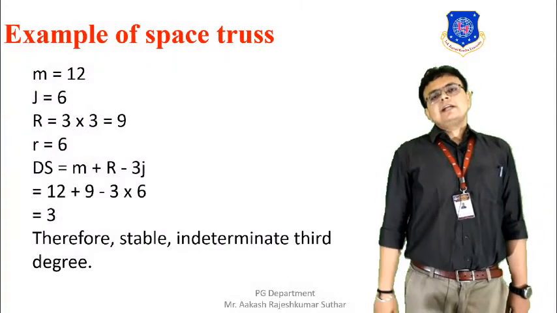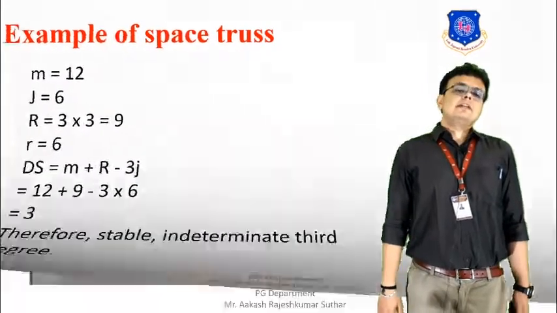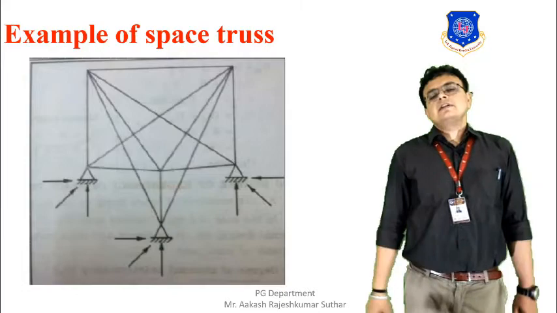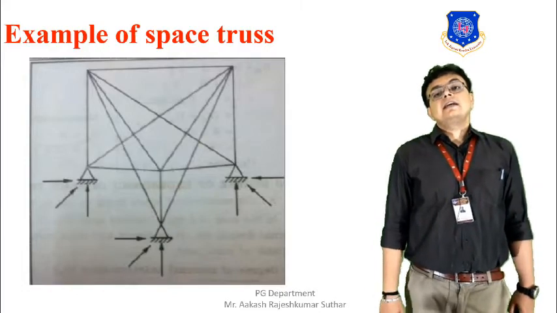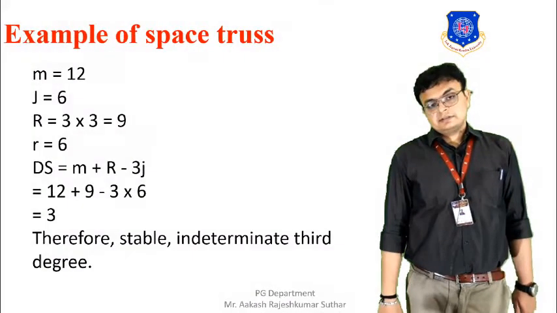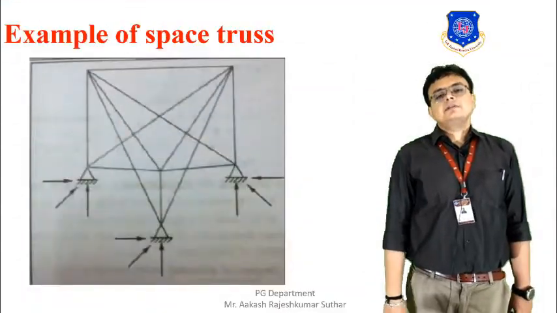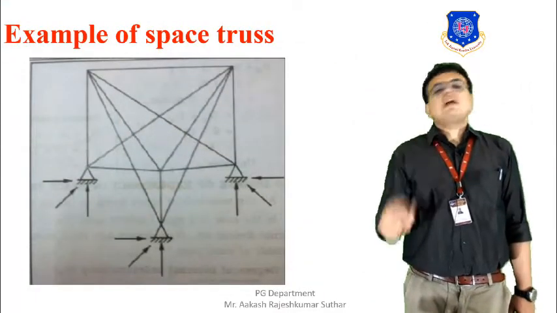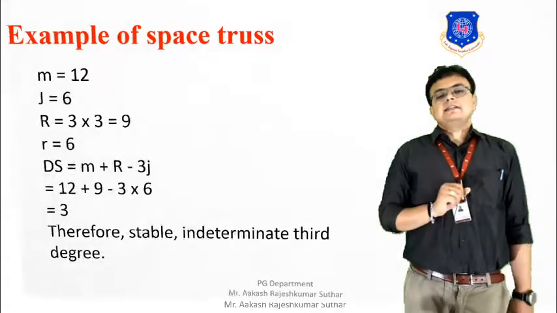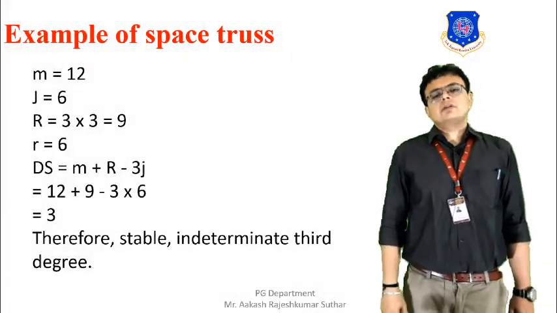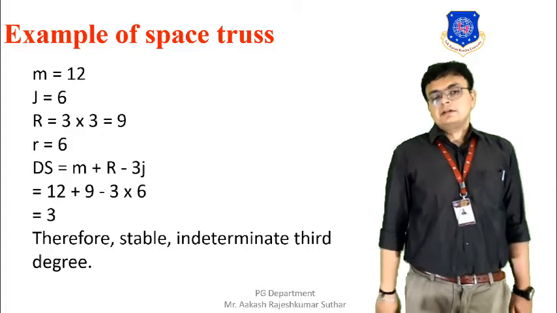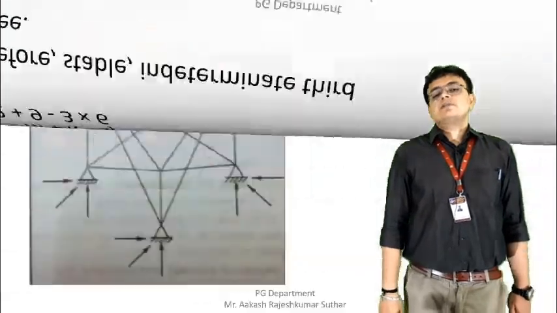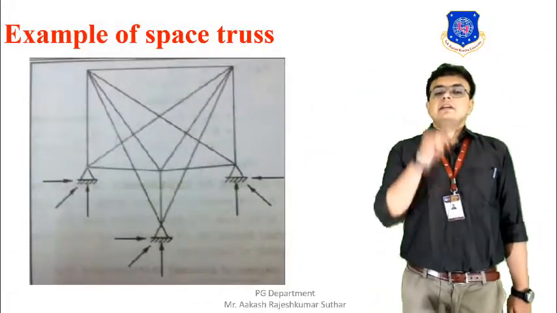When you calculate the members from this figure, you will find that there are 12 members. You can count it from here: 1, 2, 3, 4, 5, 6, 7, 8, 9, 10, 11, 12. 12 members are there. The joints you can also count from the figure; after counting, you will find that there are 6 joints.